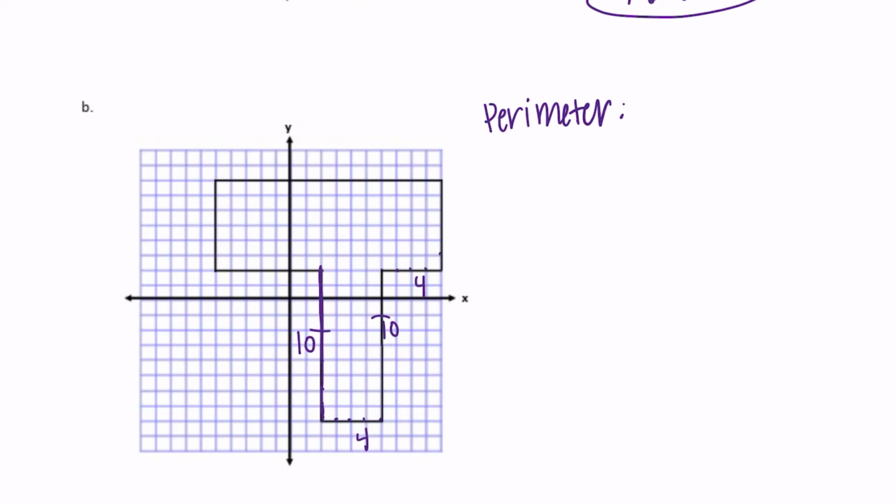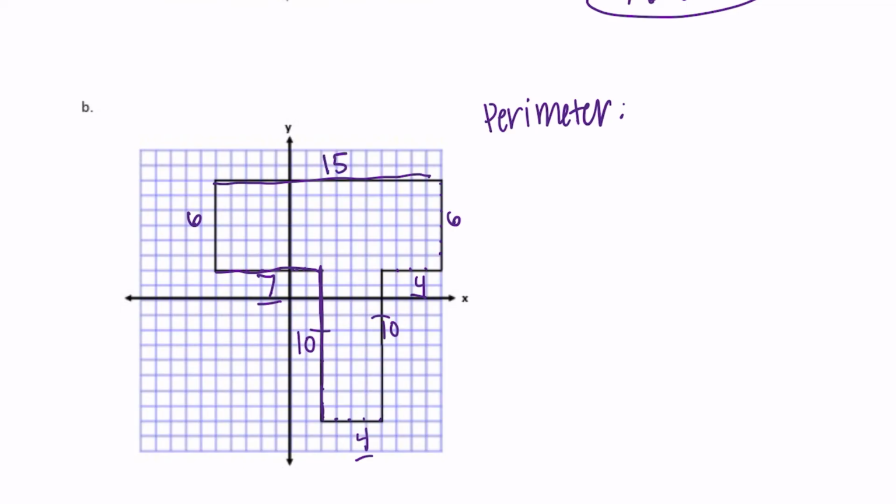This is 4. This is 6, which means this side's also 6. See, this side right here is 1, 2, 3, 4, 5, 6, 7. And then this up top here, you could count it, or we could add 7, 4, and 4 together. That would be 15.